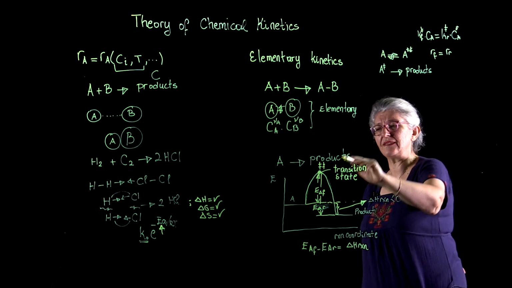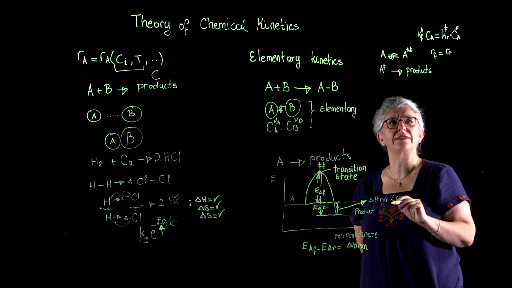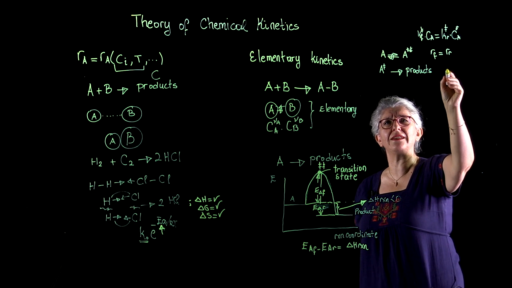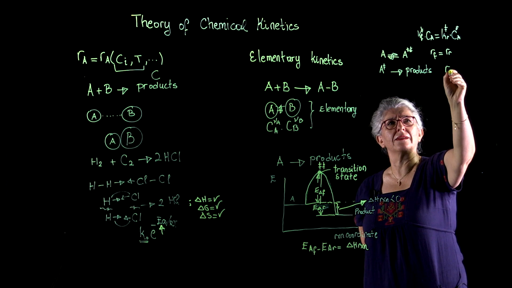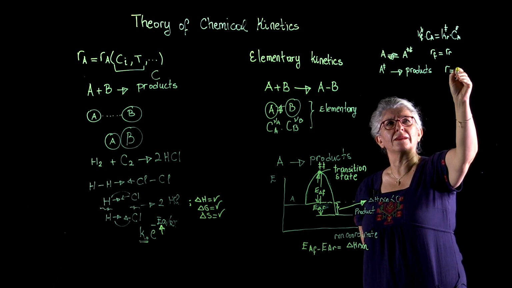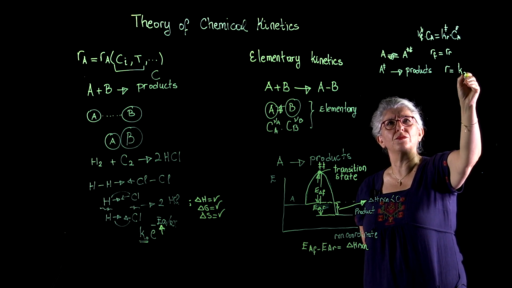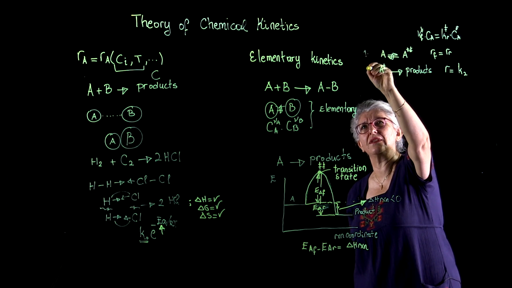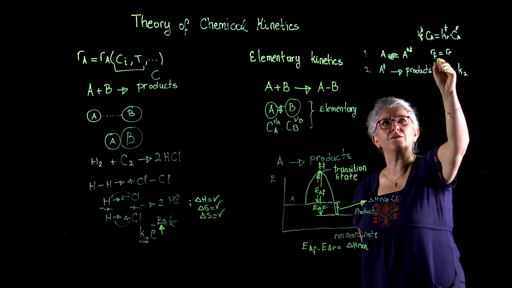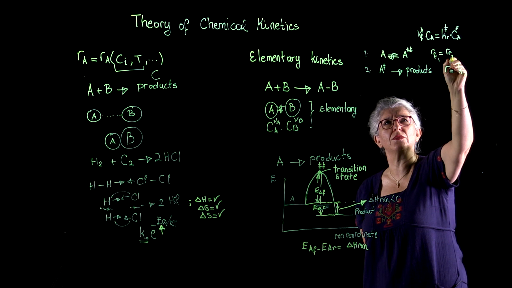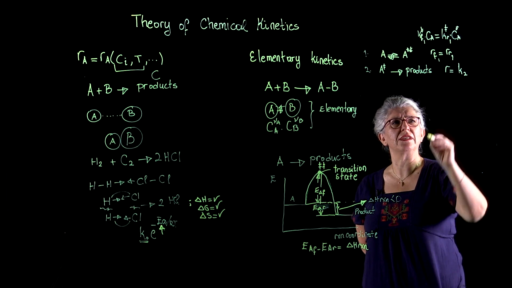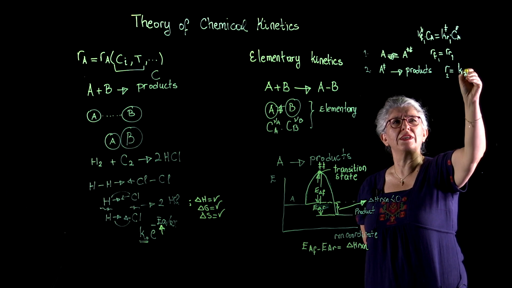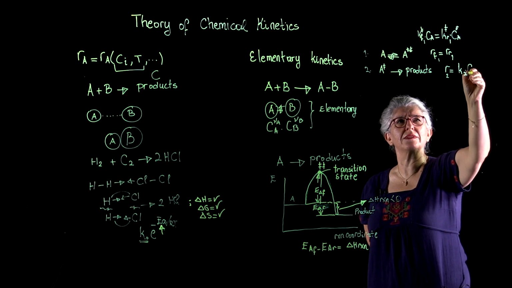However, in this second irreversible step, our rate is K2. Let me call this 1, let me call this 2: rate forward 1, rate reverse 1, K forward 1, K reverse 1. To differentiate, this is rate 2, K2 times CA dagger.